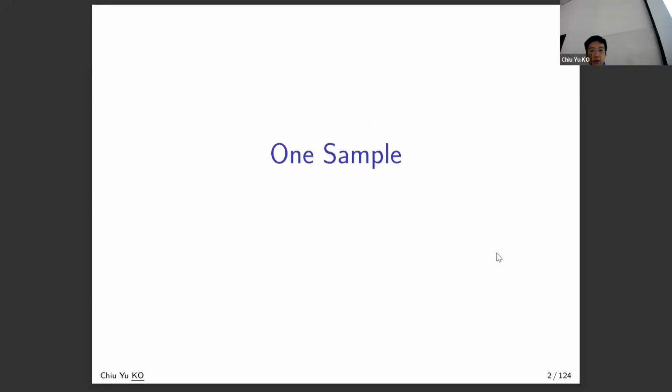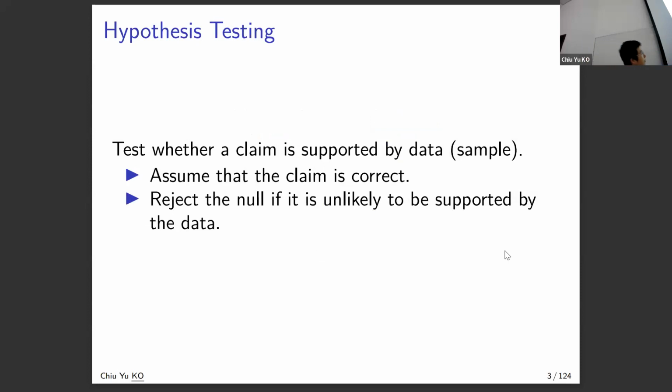Just to remind you, what we have done is hypothesis testing, which is essentially the idea that you try to get from the data and see if our claims or understanding of the population are correct. We have some understanding of the population, and we try to see if the data support such a claim.